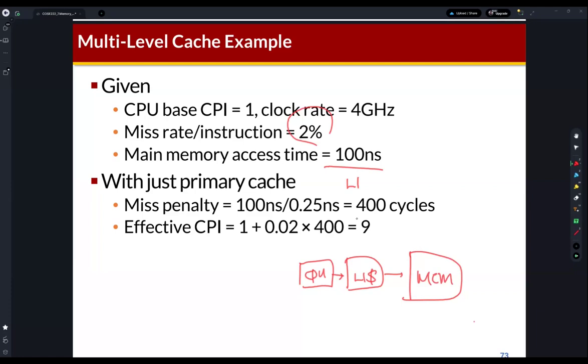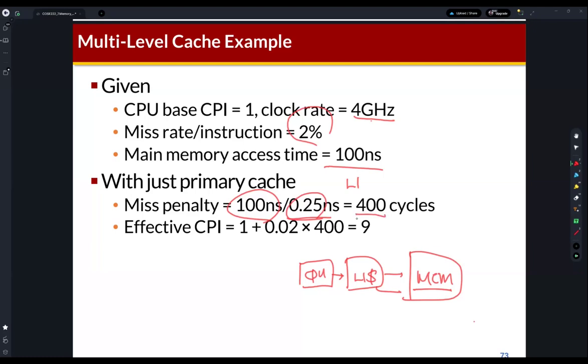Then what is the miss penalty? When a cache miss is encountered, the CPU needs to access main memory, and the main memory latency is 100 nanoseconds. The CPU clock frequency is 4 gigahertz, so the clock period is 0.25 nanosecond.